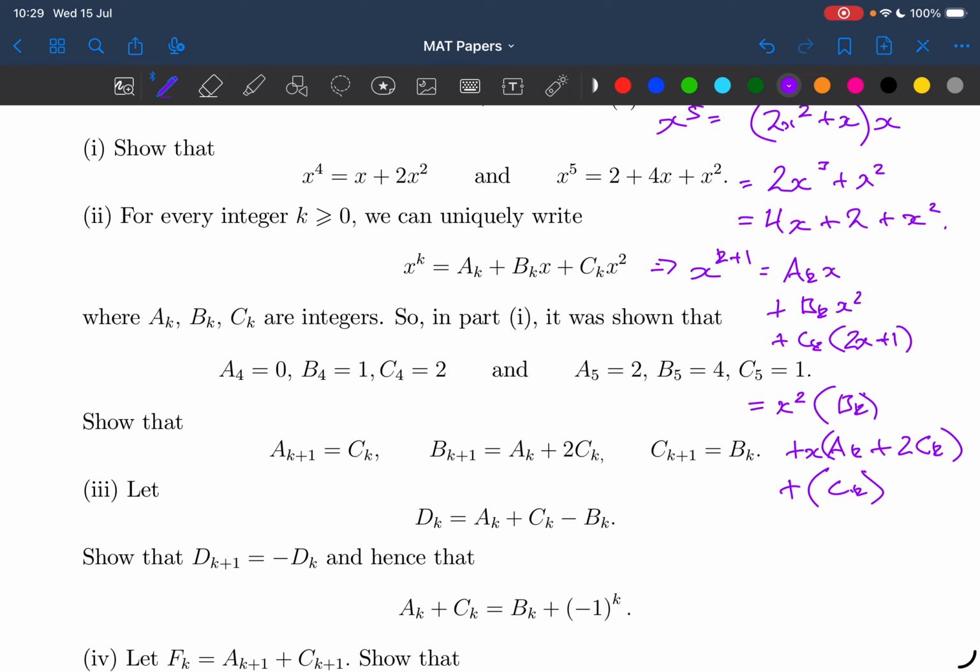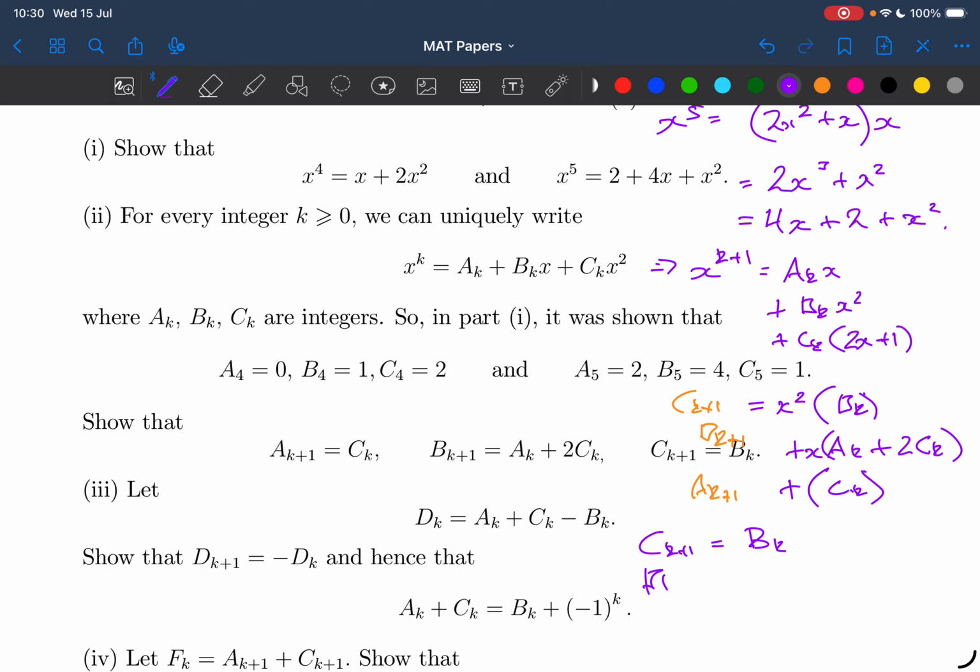So when we think about what each part of these is, we know that the constant term should be a_k plus 1. The bit above it is going to be b_k plus 1. And then above that is c_k plus 1. So we've shown the top one, c_k plus 1 was b_k.